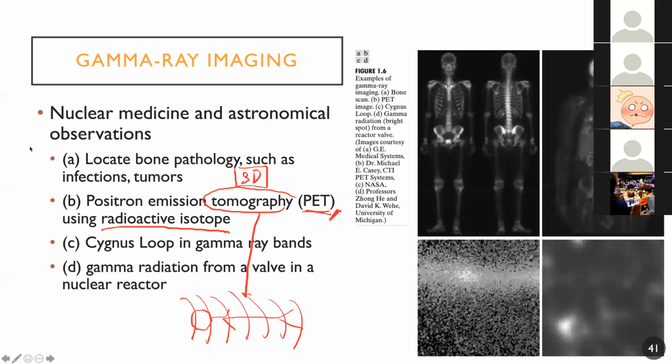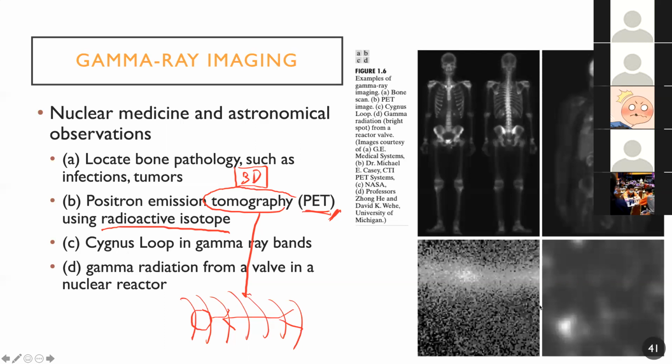So gamma ray is used in medical imaging and also astronomy. I'm not sure if you have heard about Cygnus before? The Cygnus is a group of stars that exploded about 15,000 years ago. And right now it has become a cloud called the Cygnus Loop, and it emits a lot of energy in different frequency bands.